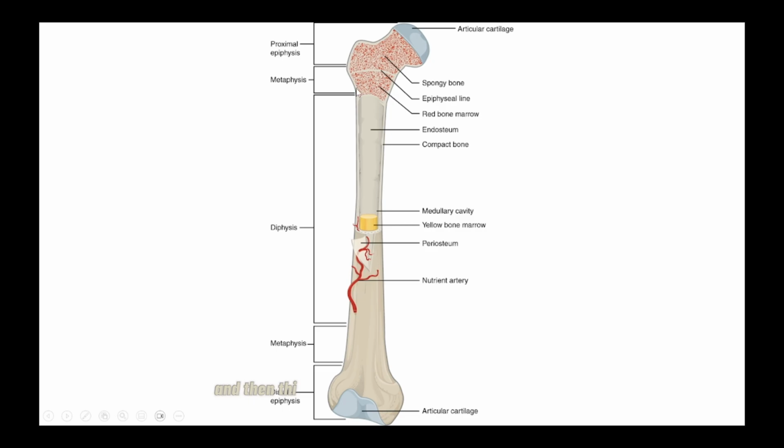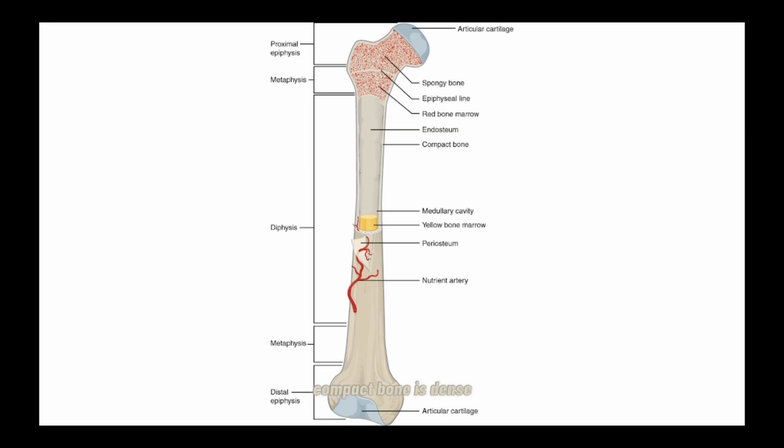And then this right here is the metaphysis, which is where the red bone marrow is stored. The endosteum. And then this is compact bone on the edge. This is spongy bone, and then this is compact bone right here.